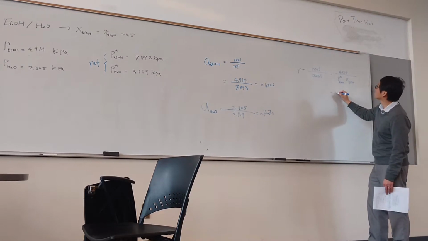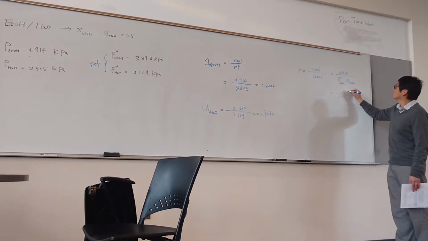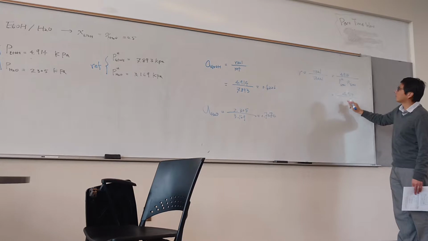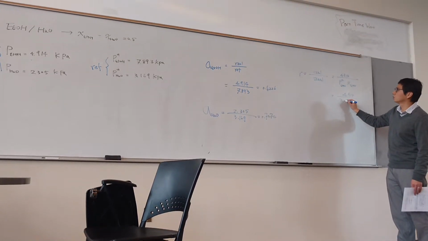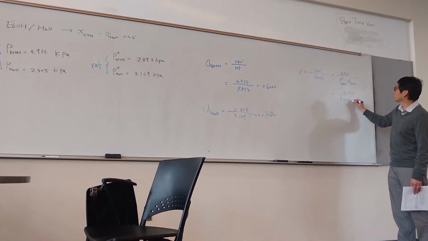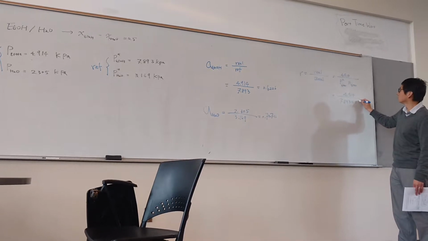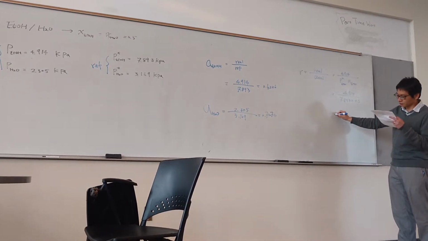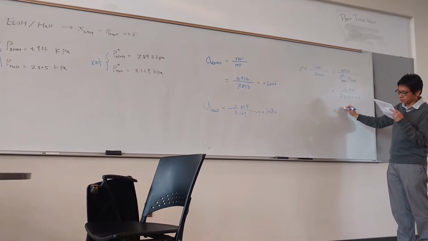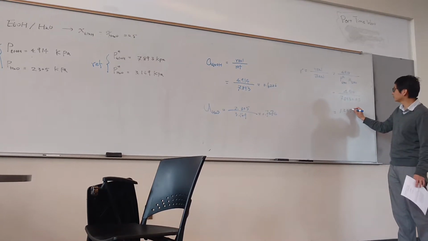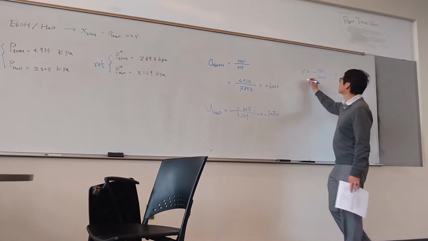So 4.914 divided by 7.893 times your mole fraction, which is 0.5. And this gives you a number of 1.245. That's for your ethanol.